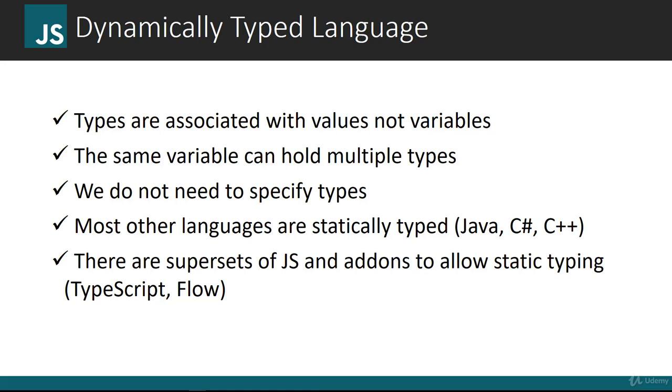In fact, in many languages you actually have to define what type of value is going to be in that variable. So you would have to write variable something, string, or int, or float, or whatever type would be allowed in that variable. Okay, this is much different than how JavaScript works.